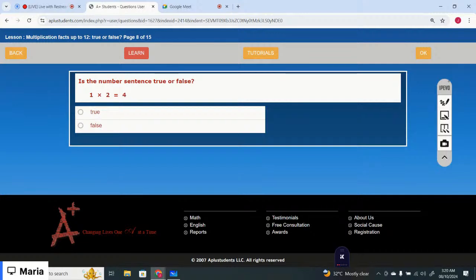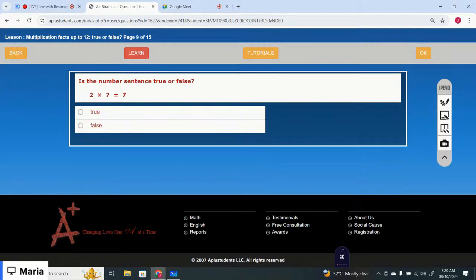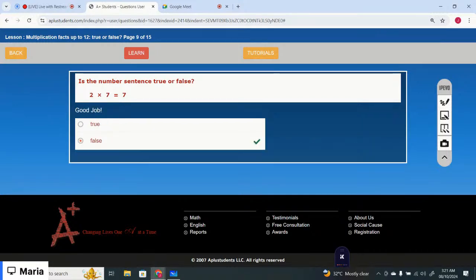Option number 2 is the correct option. Is the number sentence true or false? 2 times 7 equals 7. False it is, right? 2 times 7 is 14, and 14 is not equal to 7. So false it is.